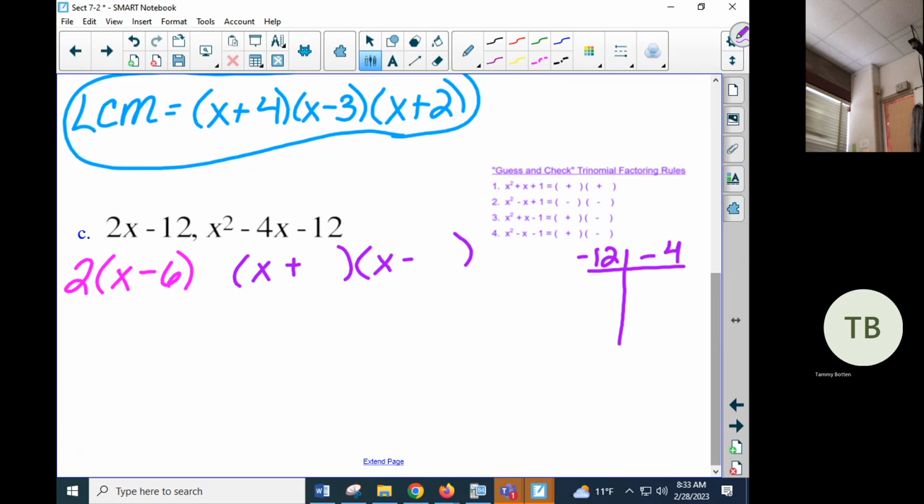All right, can you think of 2 numbers multiplied that give us a negative 12 that add to negative 4? Yes. Right, so the 2 goes by the plus, the 6 goes by the minus, because these two are negative, that's where you look at these rules. And one's plus and one's minus, okay?